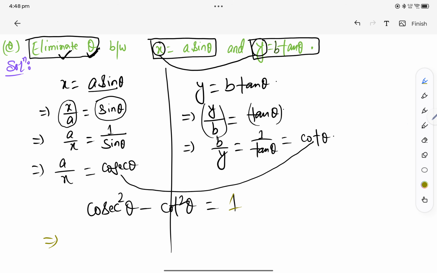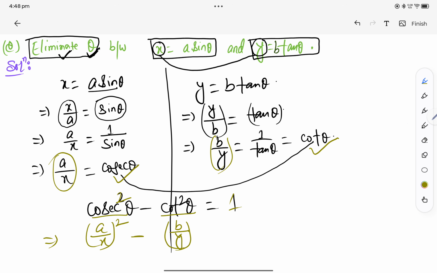Let us substitute the values of cosec theta and cot theta respectively. So we have cosec theta is equal to a over x. So let us substitute a over x for cosec theta, and it is squared, so take a square. And we have cot theta is equal to b by y. So let us substitute b over y for cot theta and square it.